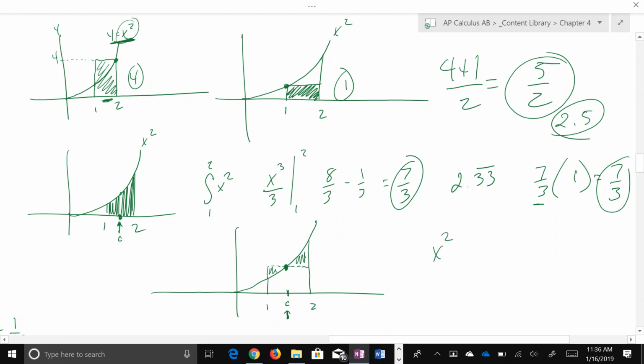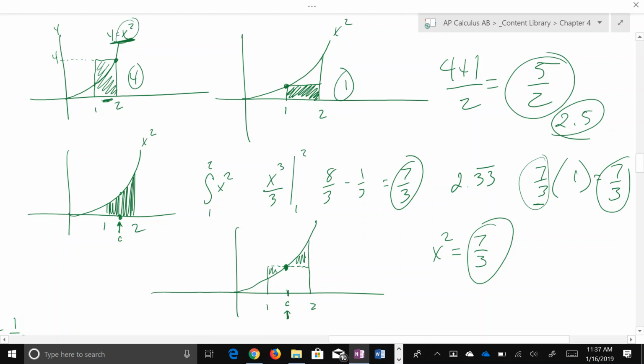My function was x squared. Hold on. 7/3 is my average. That's average value. But it's not the exact area? It's the exact area, but in my case right now, remember, it's the integral times 1 over b minus a. My case happens to be 2 minus 1 is 1, so 1 over 1 is 1.